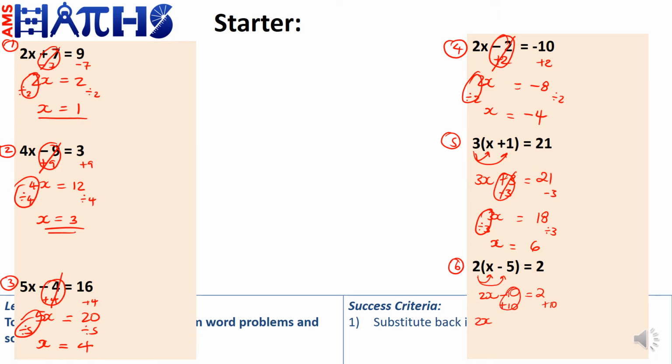So 2x is left on the left. And then 2 plus 10 gives us 12. Then we will divide both sides by 2. 2 divided by 2 is 1, so we get 1x, and 12 divided by 2 is 6. So our final answer is x is equal to 6.